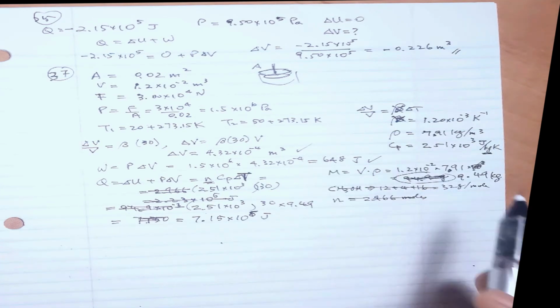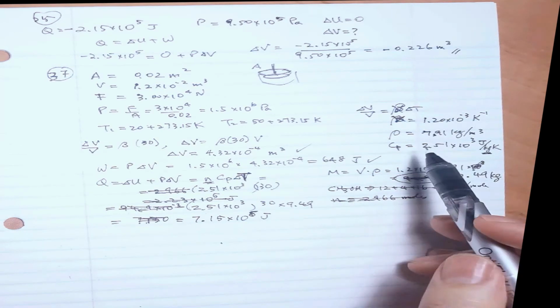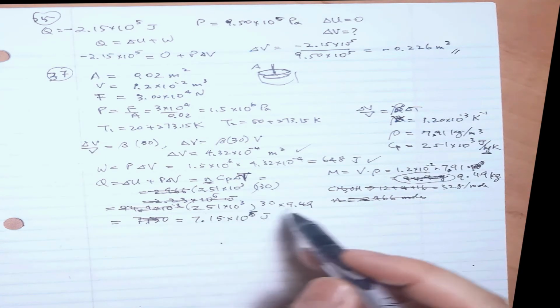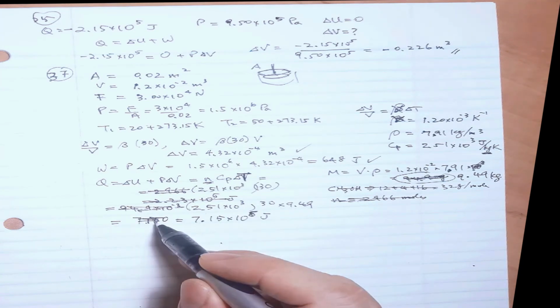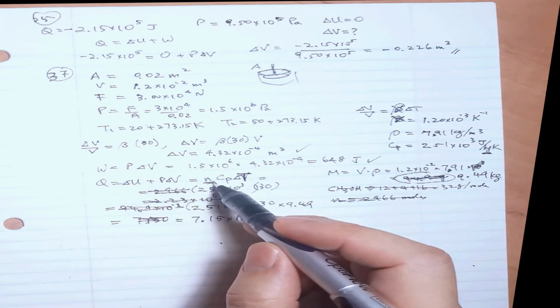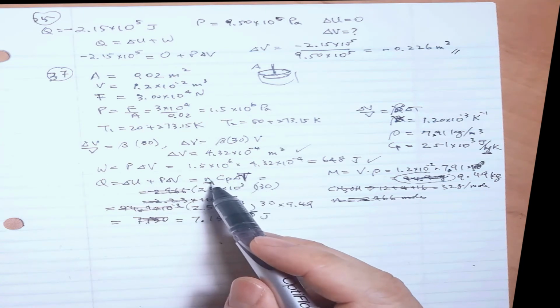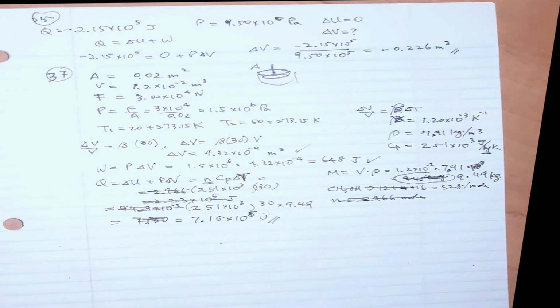So if I had used everything in kilograms rather than convert to grams, because I really did not need to figure out the number of moles, because the Cp given to us was per kilogram, not per mole. So I just need to multiply by the kilogram. So the heat added is just n Cp delta T, but this doesn't need to be moles, it's just the mass. Okay, so anyways, we got the heat, and the heat is now correct.